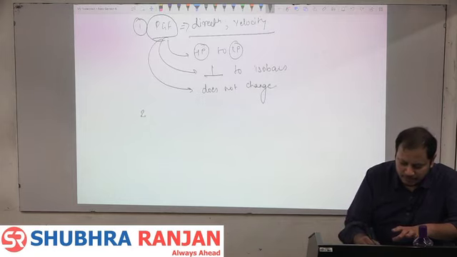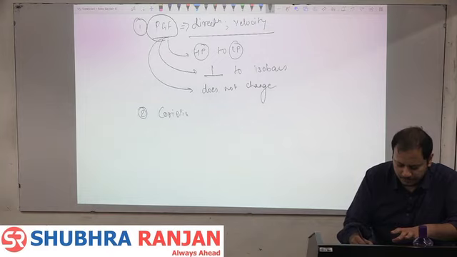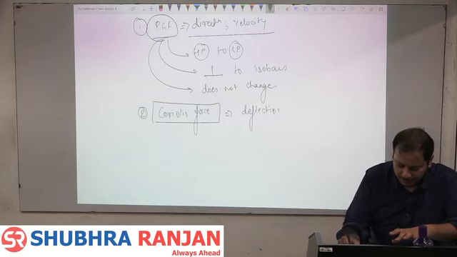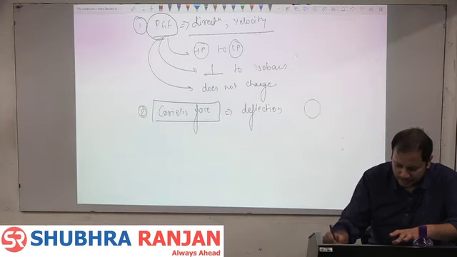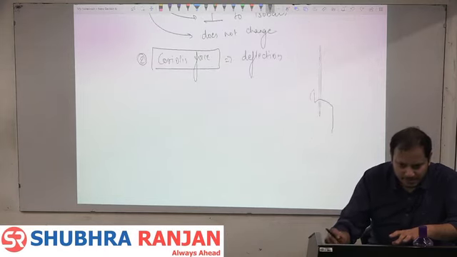The second kind of force is the Coriolis effect, or the Coriolis force. The Coriolis force is the force of deflection. How is it the force of deflection?